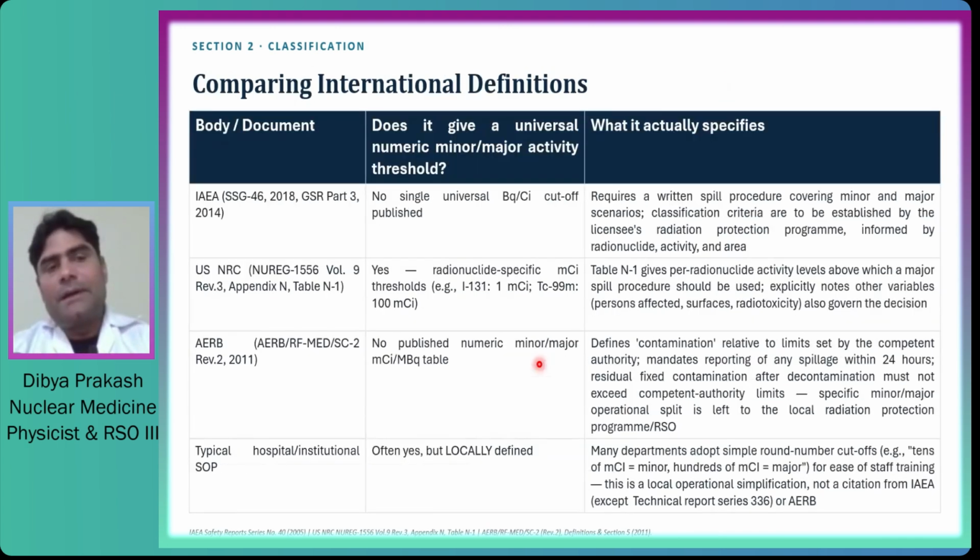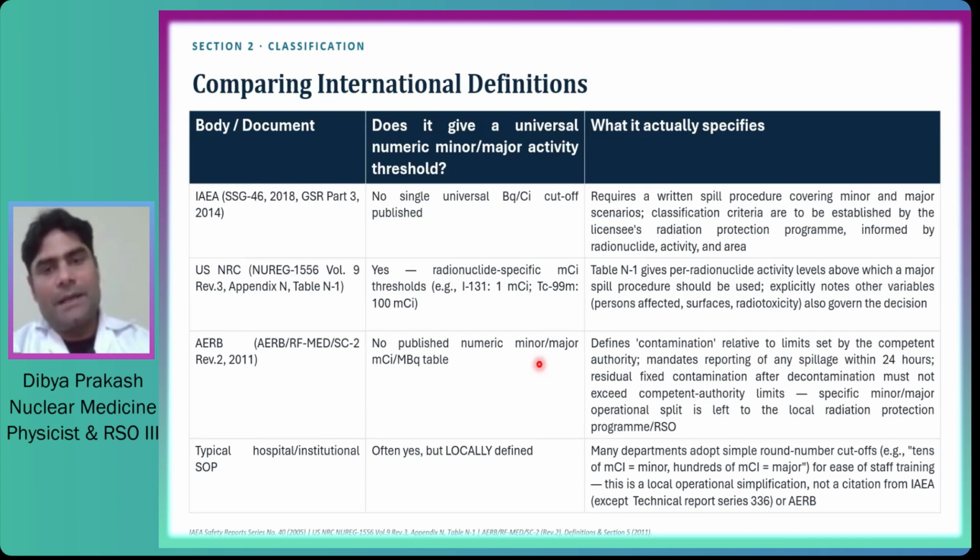So there are different international organizations which define major versus minor. The IAEA, in its guidelines, has not given a clear boundary of what is major versus minor, except in one document, which I'll discuss in the next slide.